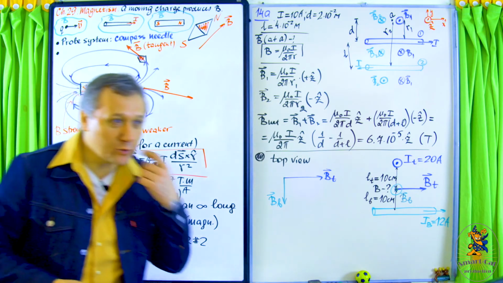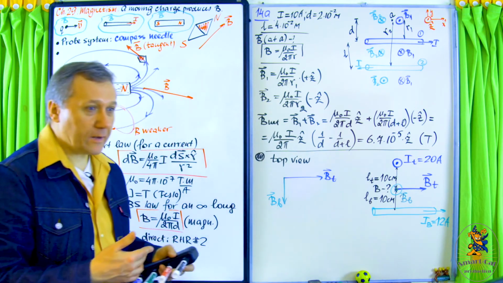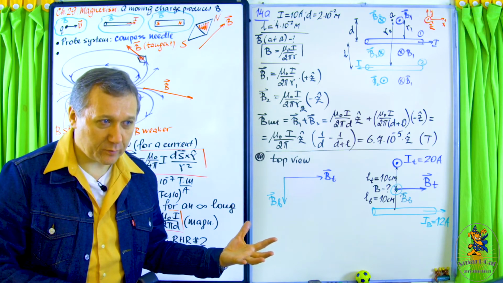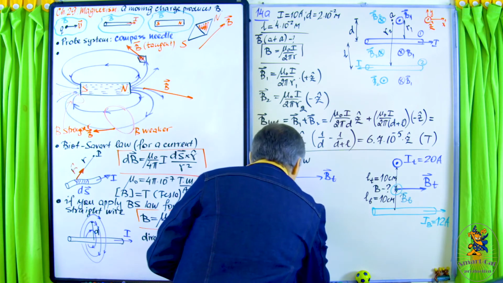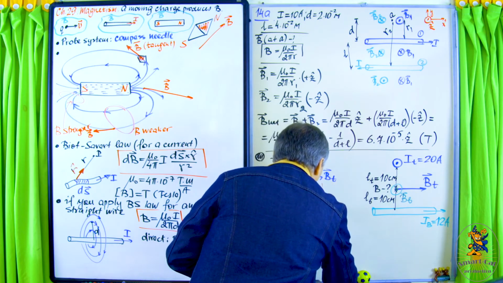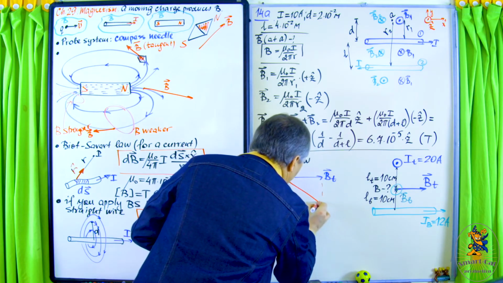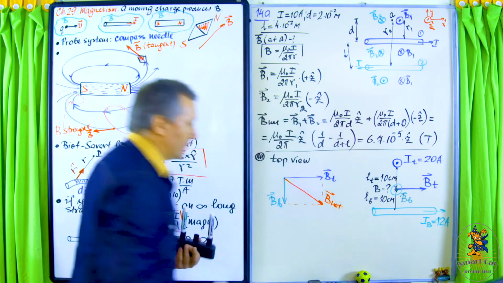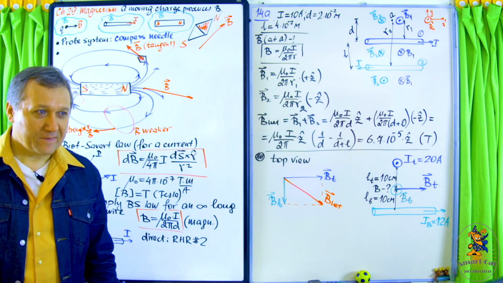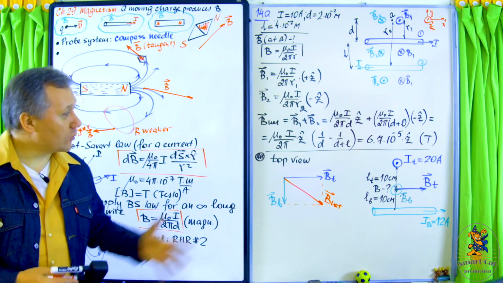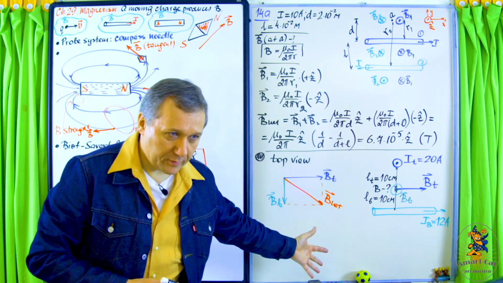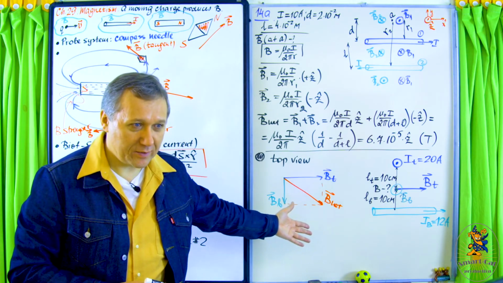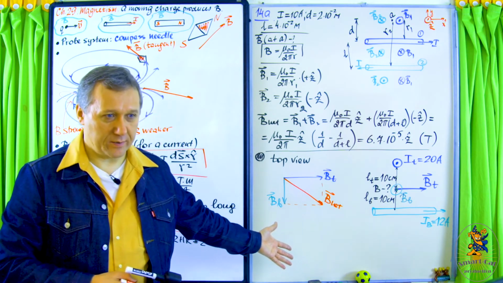And now if we want to find the magnitude, first of all, let's draw the direction of the net magnetic field, because that's what we want to find. Net magnetic field, of course, we need to draw this parallelogram. And this will be our B net. And usually the question is to find the magnitude of the net magnetic field. So now you see what needs to be done. You need to apply the Pythagorean theorem.